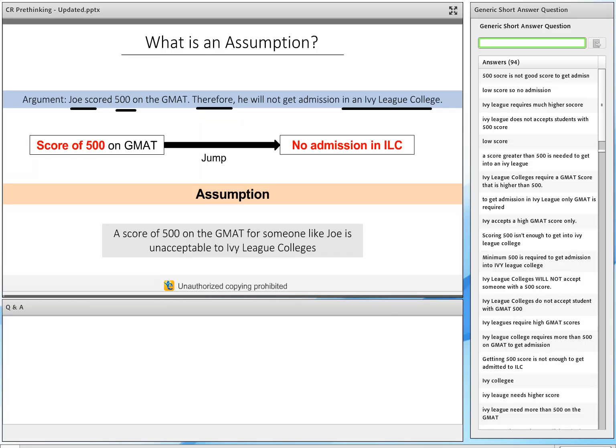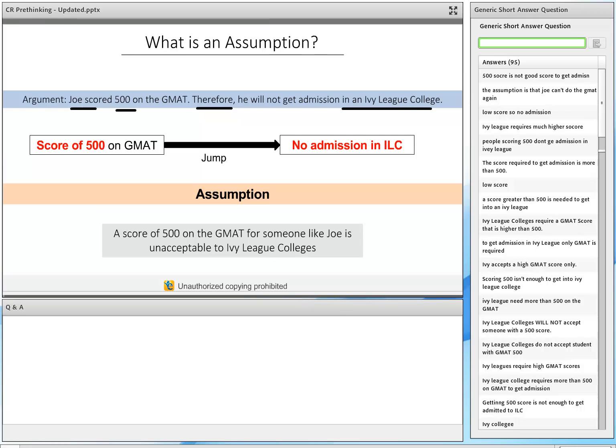The reason this is important is that the author's conclusion is about Joe. The author says he will not get admission. The author doesn't say nobody with a score of 500 would get admission into an Ivy League college. So because the conclusion is about Joe, the assumption also has to consider Joe.